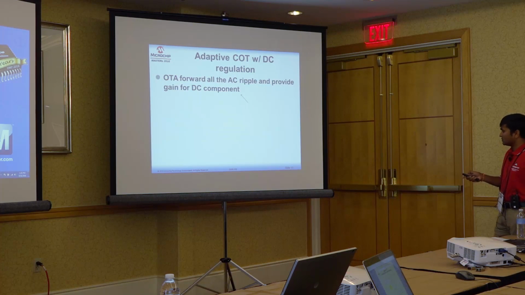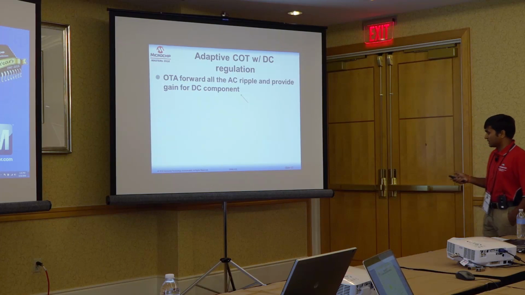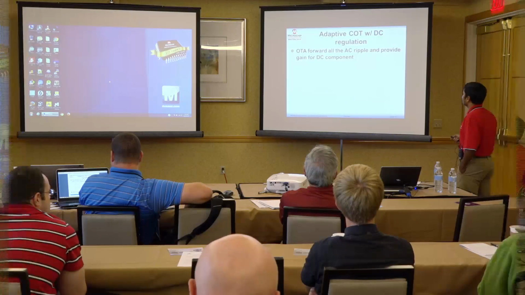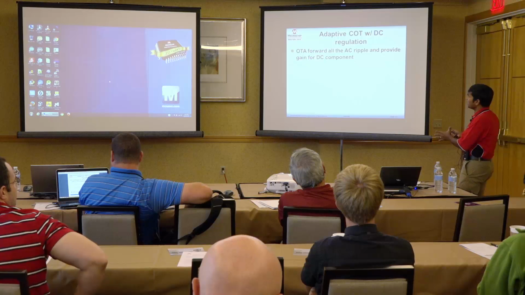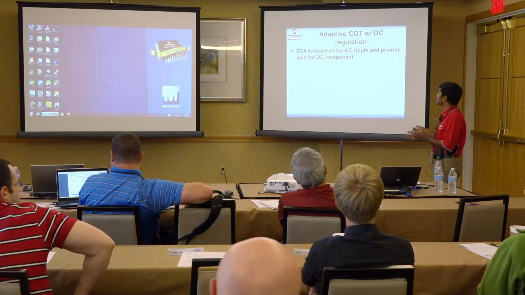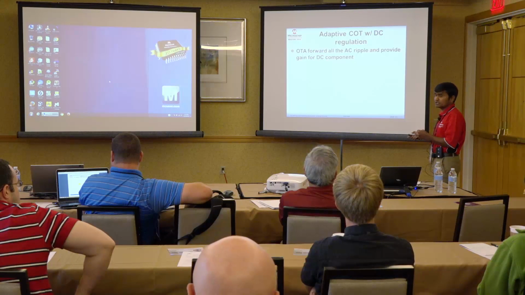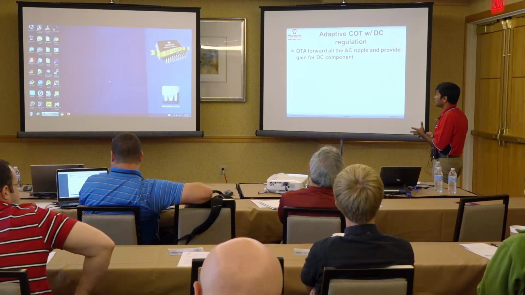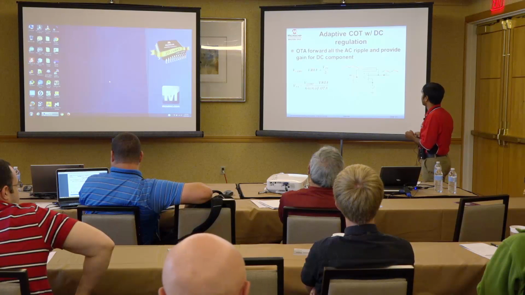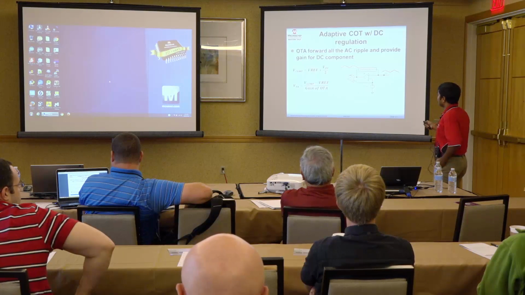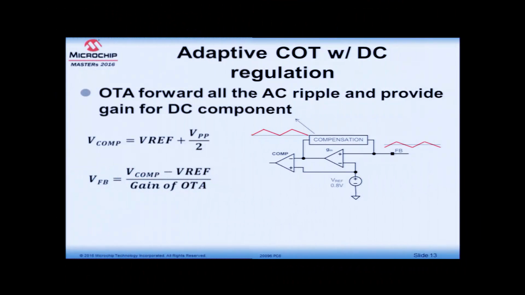Let us see how this OTA improves the regulation. The purpose of the OTA is to forward all the AC ripple and provide the gain for the DC component. I redraw the same figure here: the feedback node, the output of the GM amplifier, the main regulation comparator, and the same reference voltage.